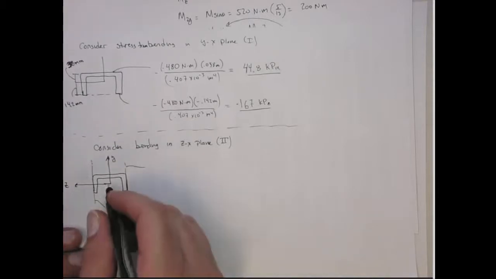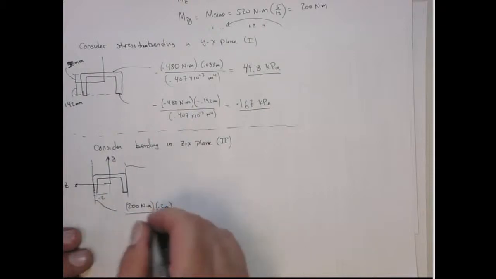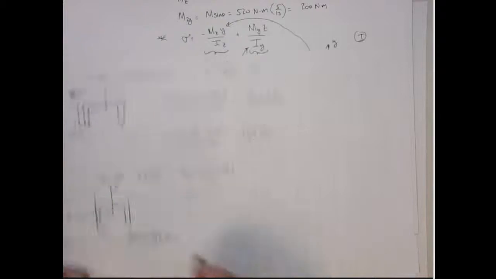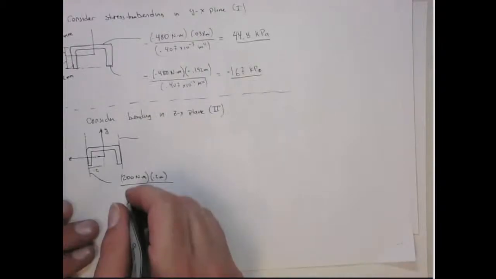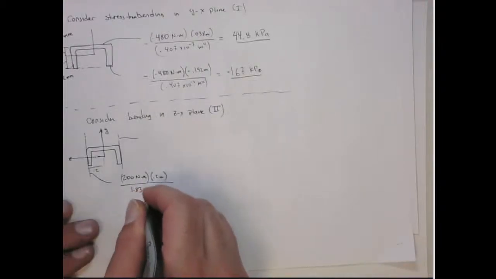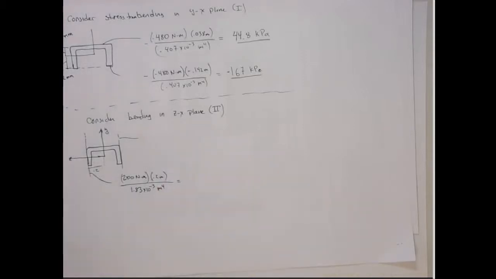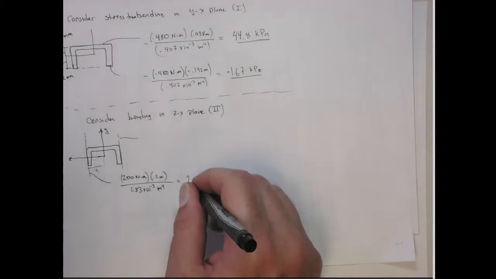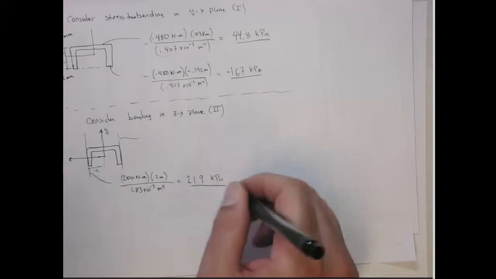Now its distance here is 0.2 meters over I, which in this case is the I about the y-axis. That's the 1.83 times 10 to the minus third. And that gives me a stress of 21.9 kilopascals tension.